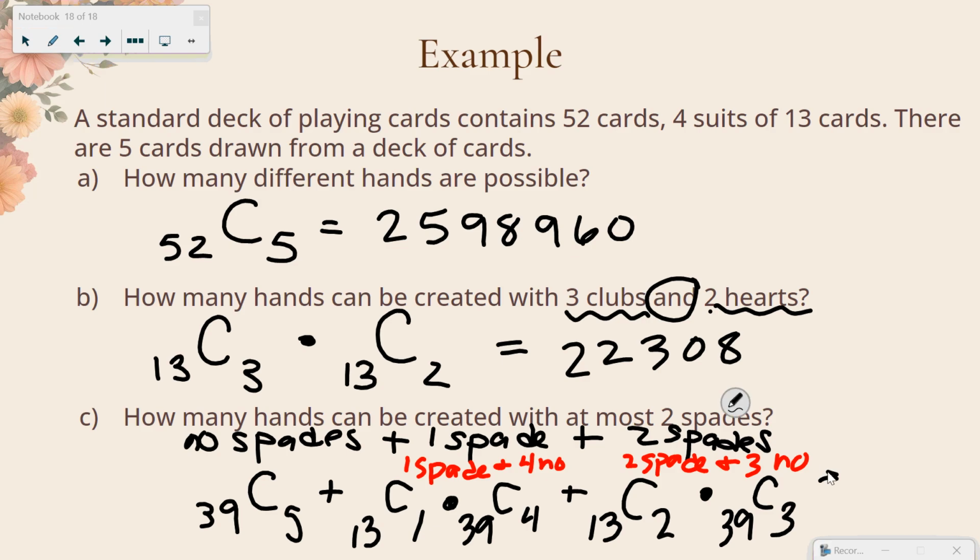It's going to be a big, wild, crazy number. Anybody found that value yet? Still calculating it? I have 2,357,862.